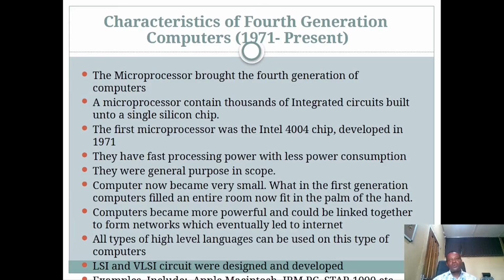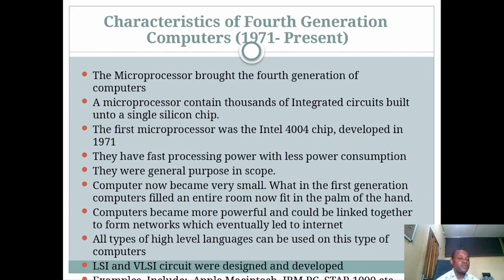All program instruction execution, all forms of arithmetic operations and logical operations take place in the microprocessor. So microprocessor brought in the fourth generation of computers.